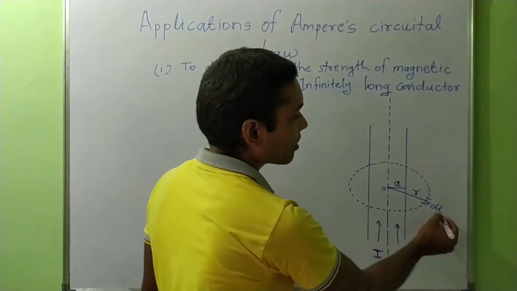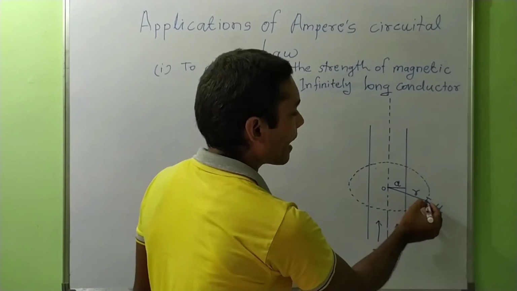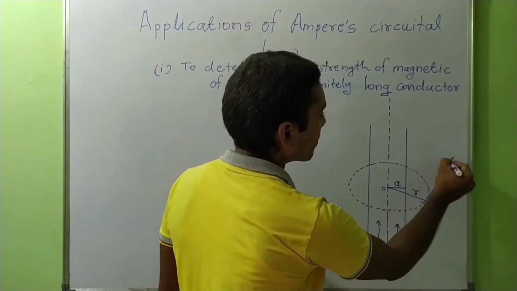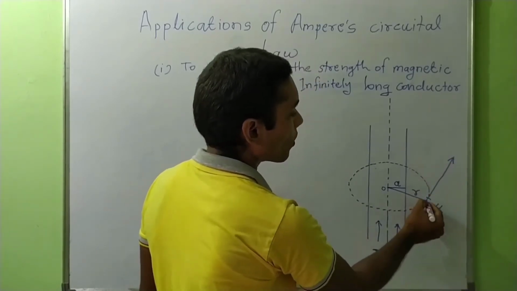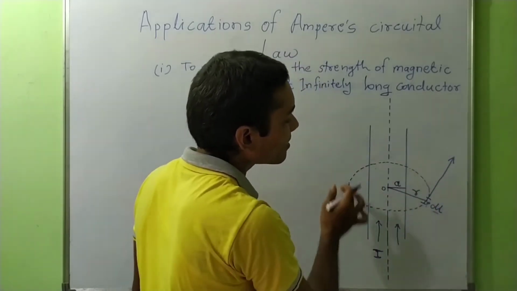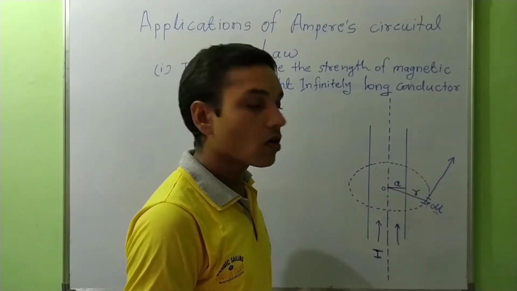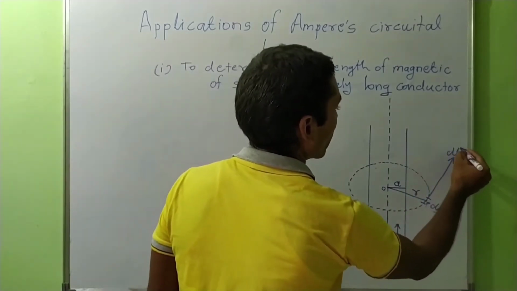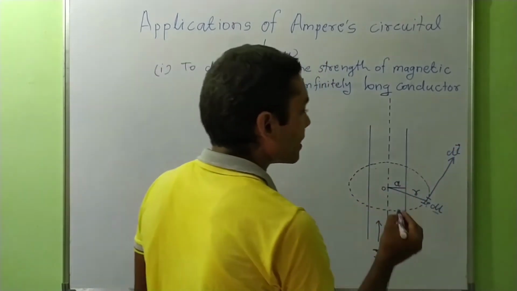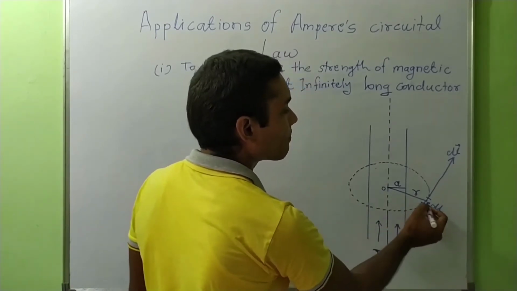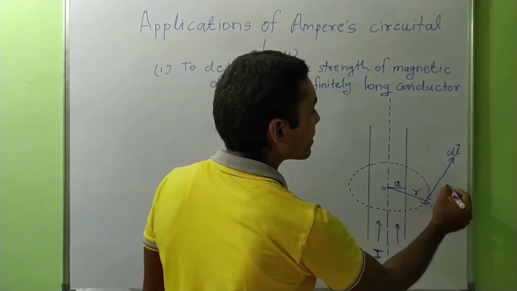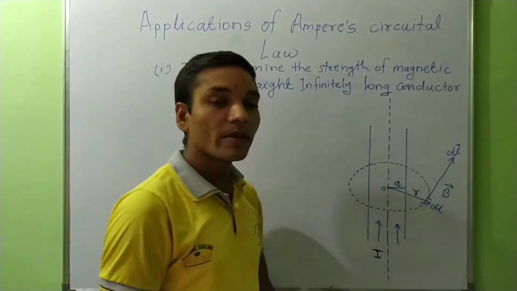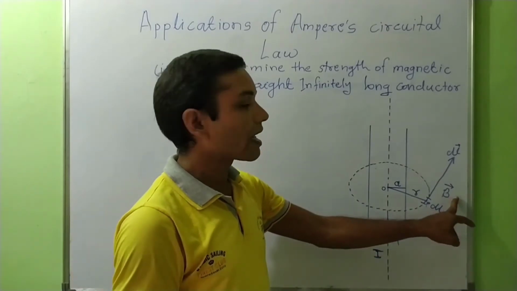So the direction of small element dl at point P will be along the tangent drawn from point P on this magnetic line of force or Amperian loop. Okay, so this will be the direction of dl, and the strength of magnetic field at point P will be B due to this straight current carrying conductor. And what will be the direction of this magnetic field?